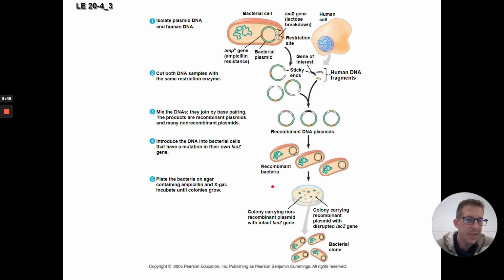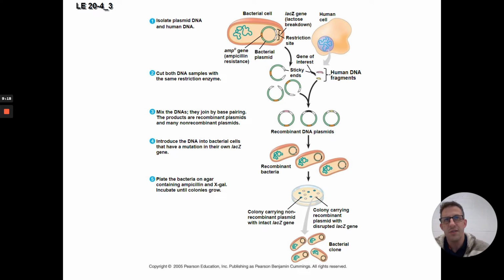Plating the bacteria allows us to select certain bacteria that we know have a specific set of genes in them, and when they are plated, they grow into little colonies, and each one of these little dots is billions and billions of bacteria, all with the exact same gene that we have embedded in the plasmid.